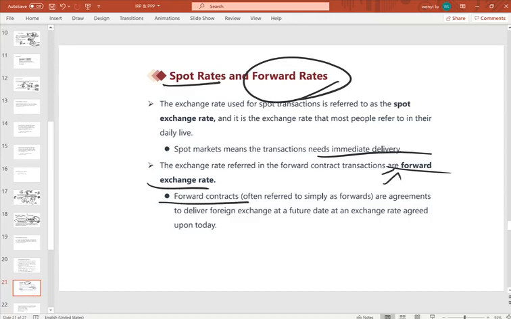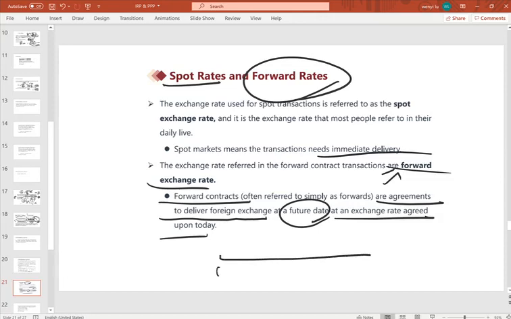So a forward contract is an agreement that you will deliver a foreign exchange on a future date, with a rate given in today's market. For example, at time zero, you can observe that for €1, you can get $1.2. But in 3 months, we have a forward rate.